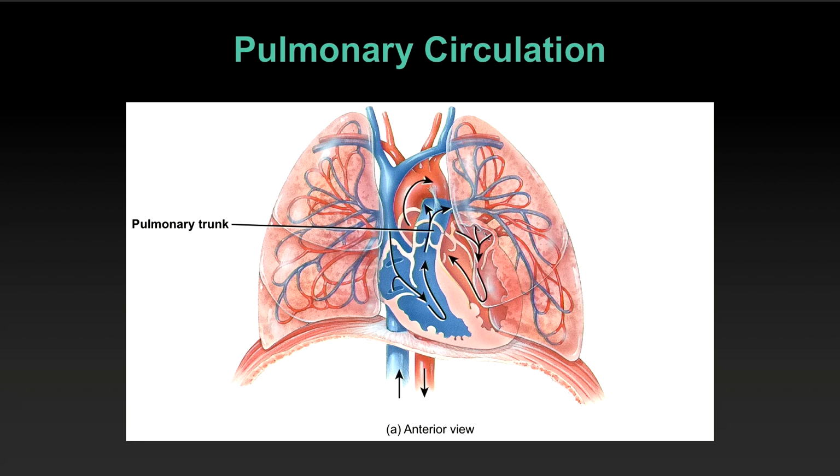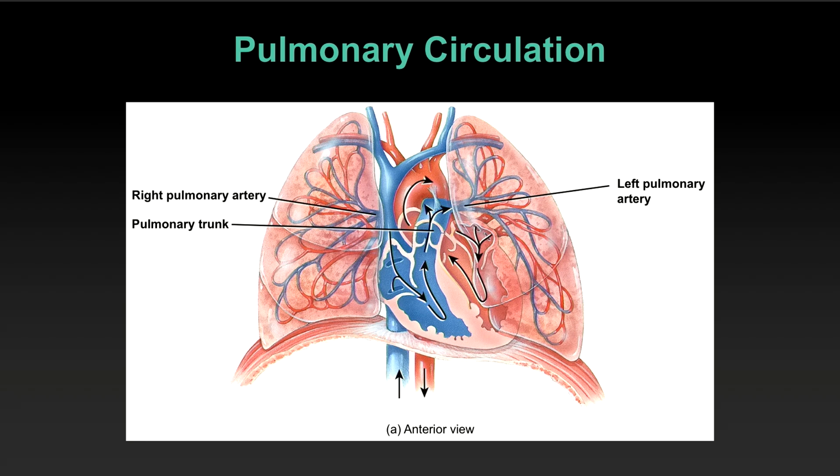The pulmonary circulation starts with the pulmonary trunk, right? That leaves the right ventricle, deoxygenated blood moving through the left and right pulmonary arteries. And then, until now, we've left it as a question mark.